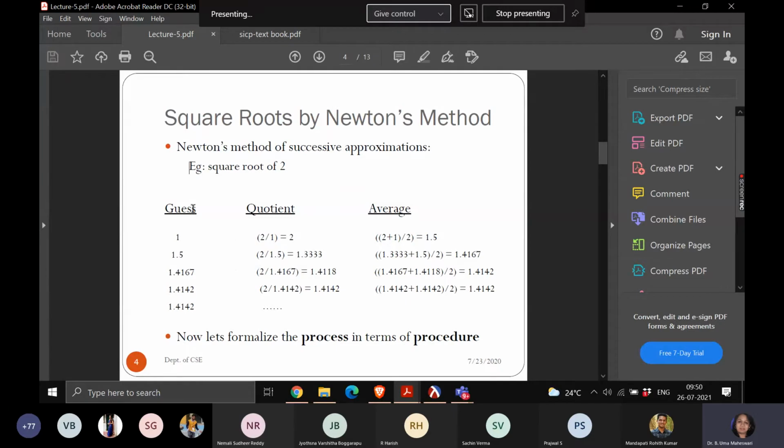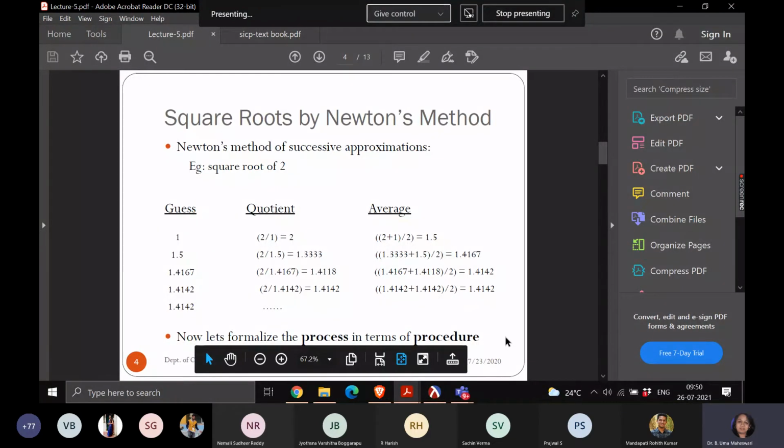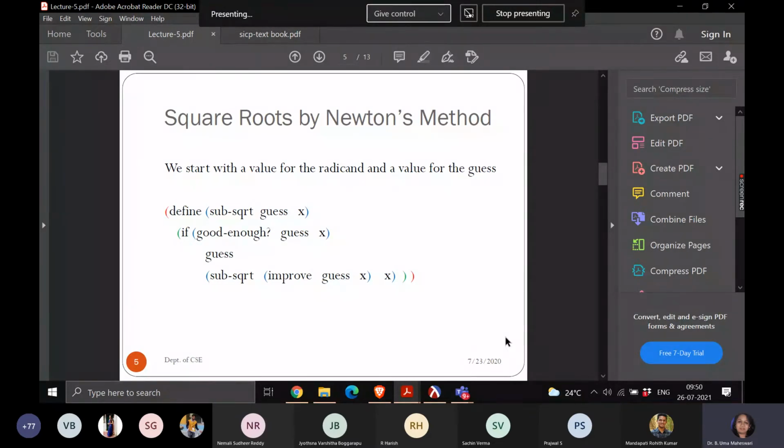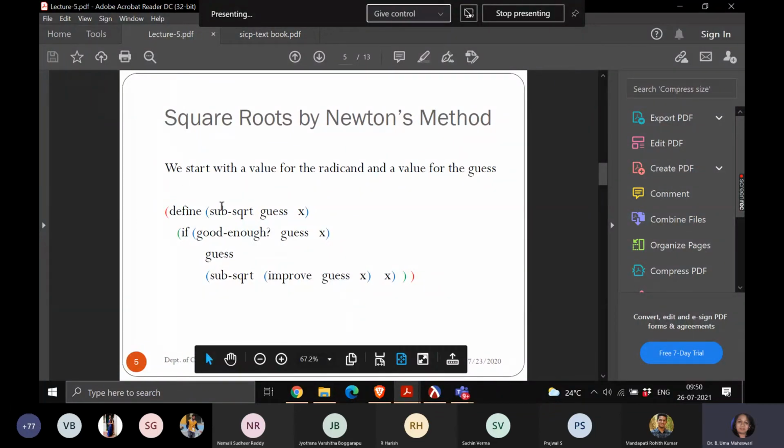So this is the process. We have defined the process, but how do we write it as a Lisp procedure? So what is the aim of the session? We want to understand how to write a procedure for finding the square root of a given number using Newton's method.